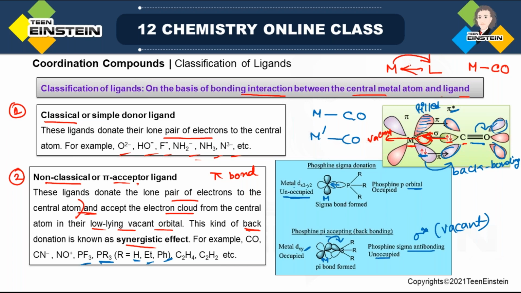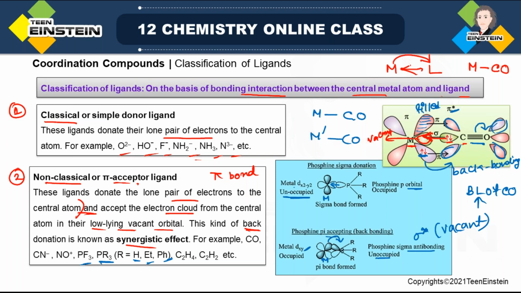So the triple bond nature will be diminished and the double bond nature will increase. That means the bond length of CO will increase when back bonding is very high. But if back bonding is very low, then CO will have this triple bond type of nature.